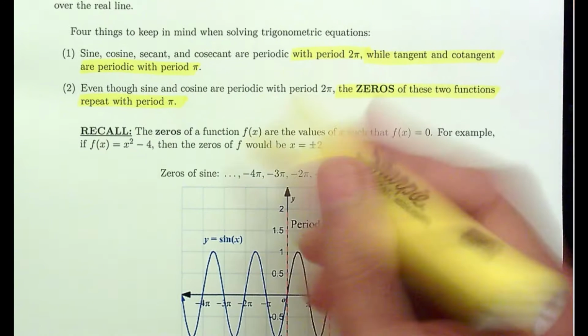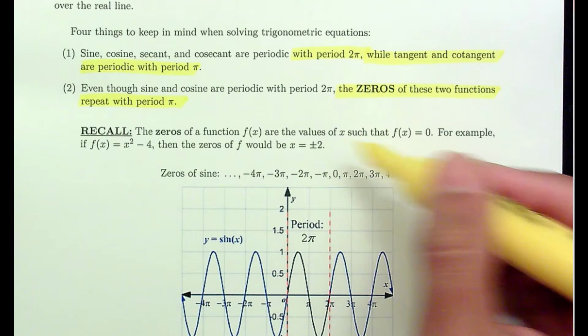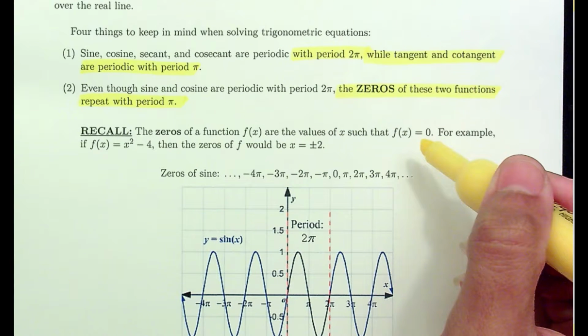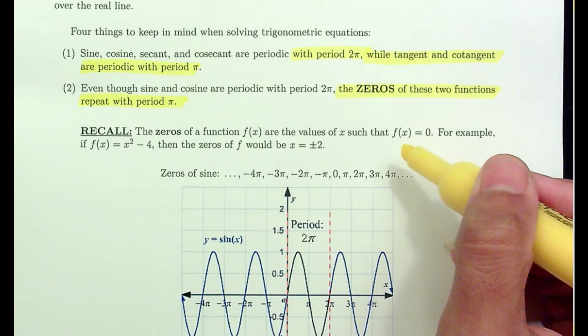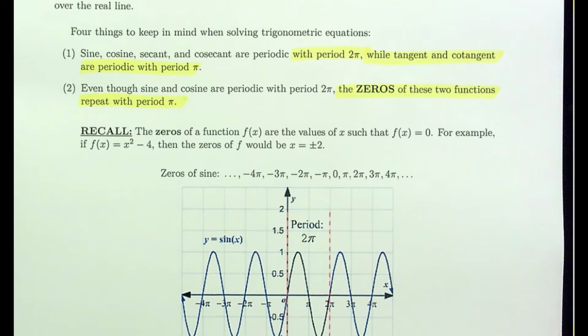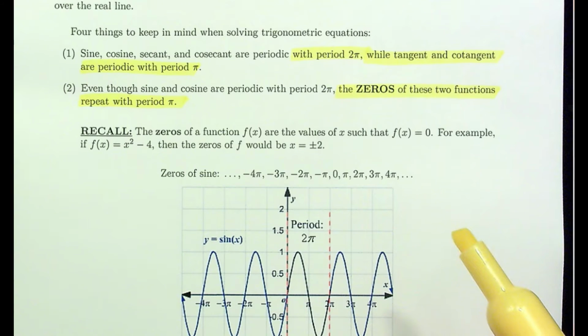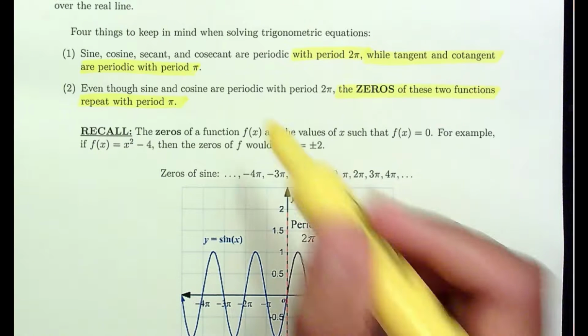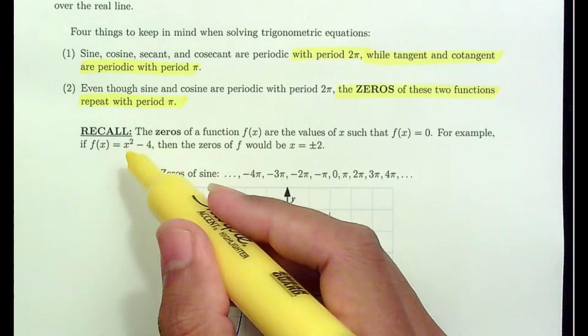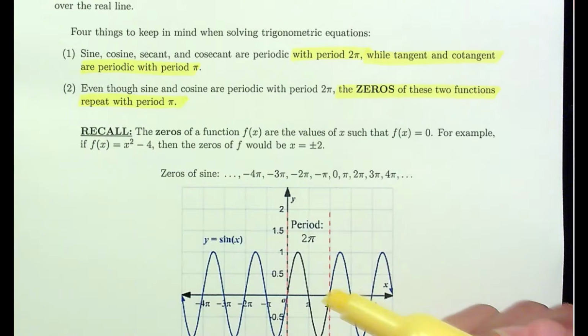The zeros of a function are basically just the values of x that make the function 0. The values of x such that when you plug them in the function, you get 0. So for example, if my function was x squared minus 4, then the zeros of f would be plus or minus 2, because those are the numbers that when you plug them in here, you will get 0.